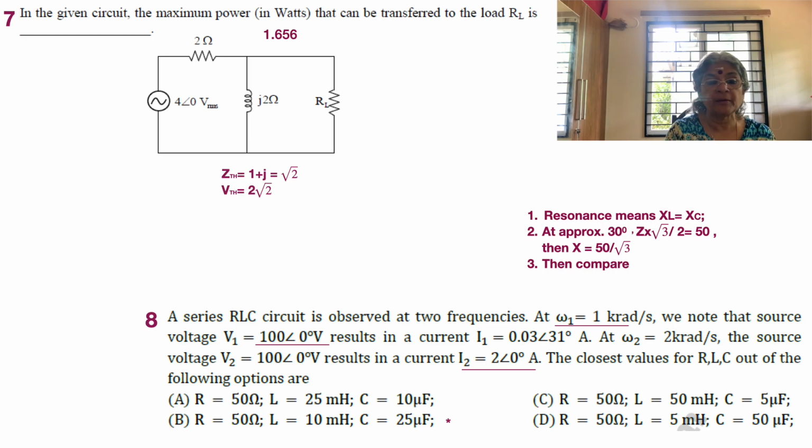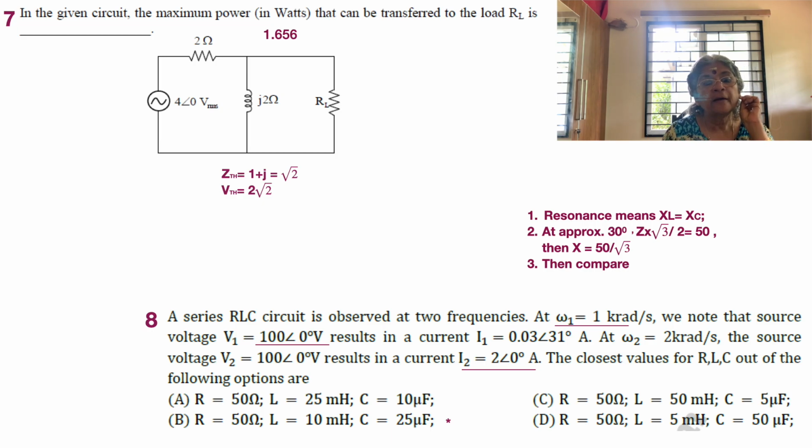If the angle is almost 30 degrees, then Z, whatever be the impedance, which has both resistance and reactance, into cos 30, which is root 3 by 2, gives rise to the resistance that we have, which is 50. So Z into root 3 by 2 is equal to 50. The reactance value will be obtained by the sine multiple.